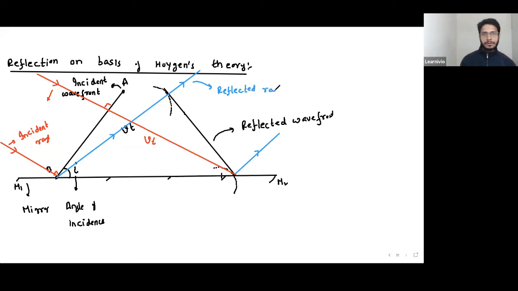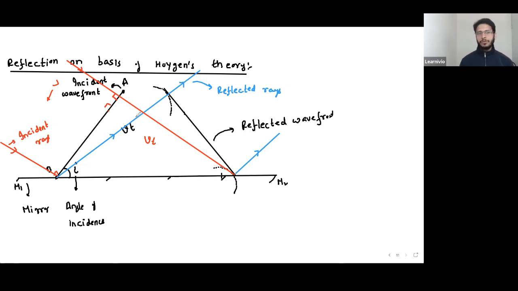So these are incident rays. The radius of both the wavelets is the same.